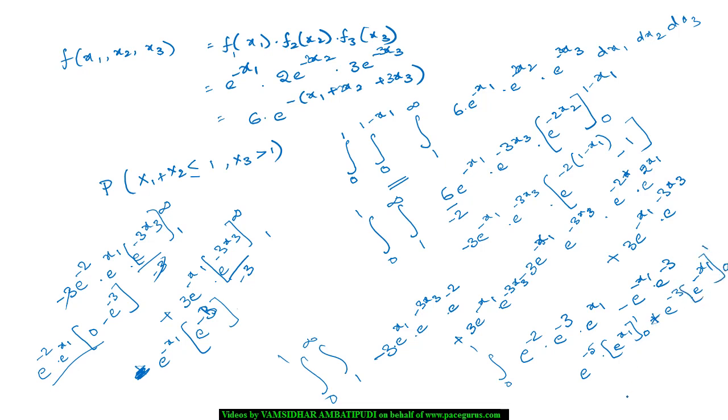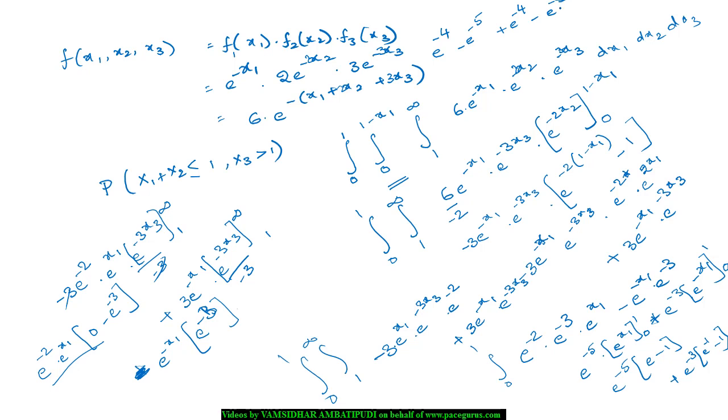So it's coming out as e to the power of minus 5 into e minus 1 plus e to the power of minus 3 times e to the power of minus 1 minus 1. Now when I am doing this simplification, it's working out to e to the power of minus 4 minus e to the power of minus 5, then again plus e to the power of minus 4 minus e to the power of minus 3.